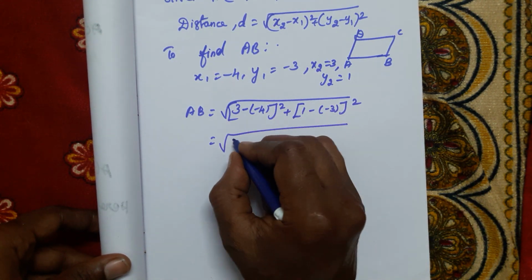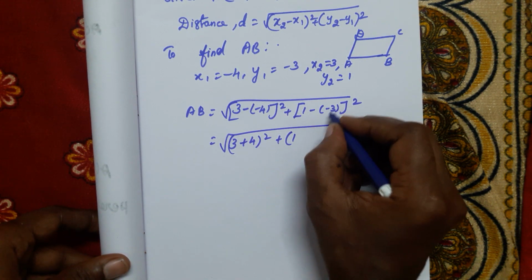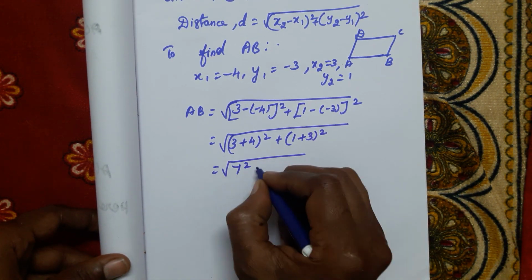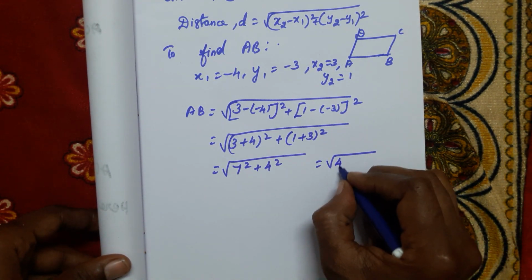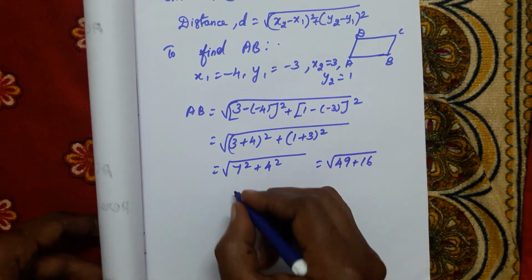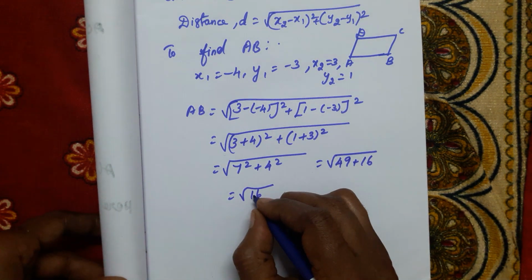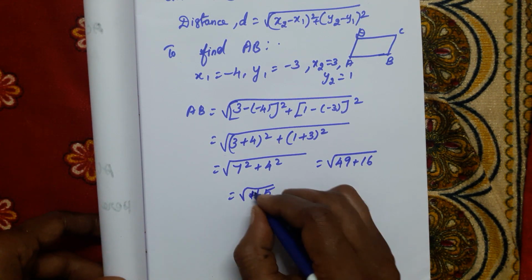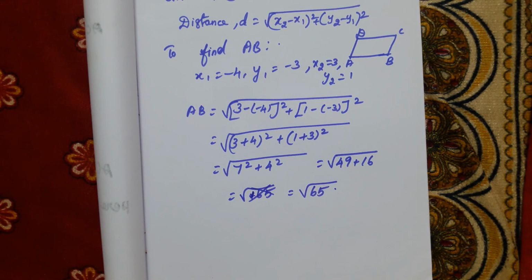It's equal to root of (3 plus 4) the whole square plus (1 plus 3) the whole square. It's equal to root of 7 square plus 4 square. 7 square is 49, 4 square is 16. It's equal to root of 65, 49 plus 16. AB is equal to root 65.